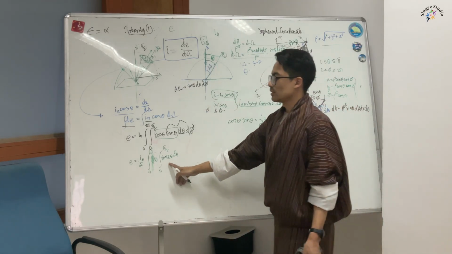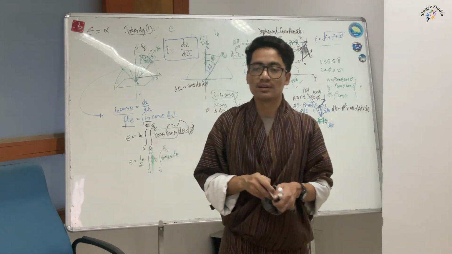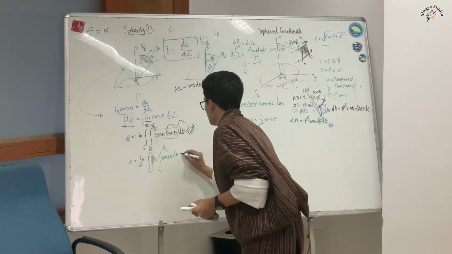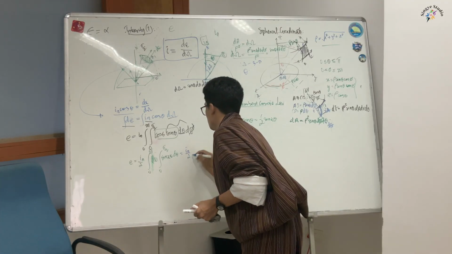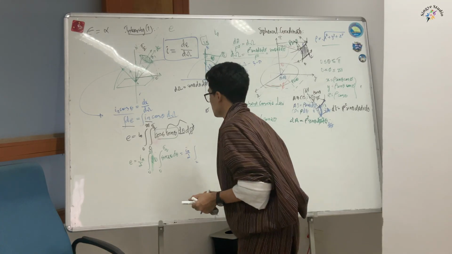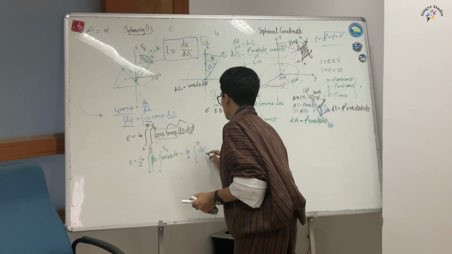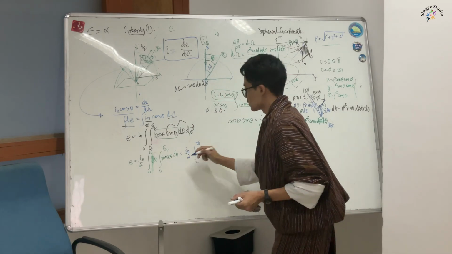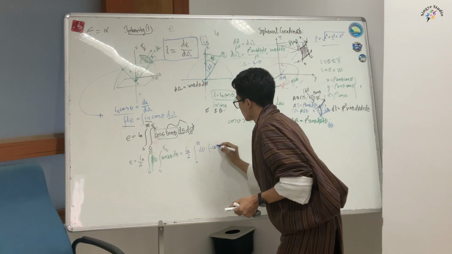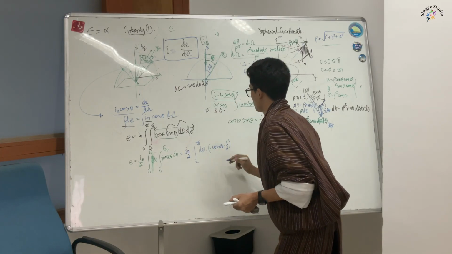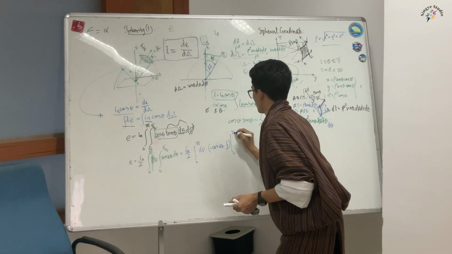So what is the value of the integral of sin 2 theta? That you may wonder. Now we have In by 2, 0 to 2 pi, d phi, times the integral of sin 2 theta, which is minus cosine of 2 theta divided by 2, from 0 to pi by 2.